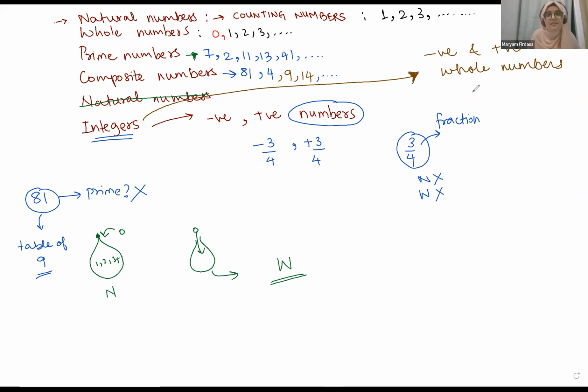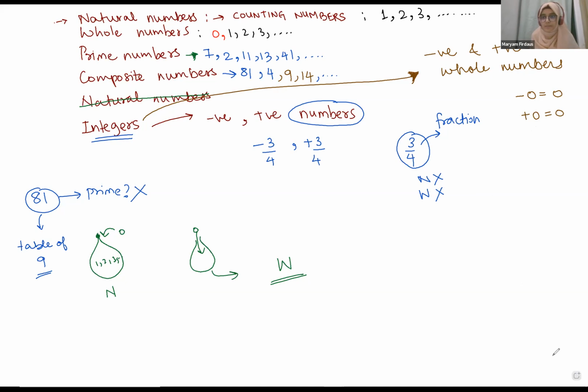It also has 0 in it, right? 0 is neither negative nor positive. If you say minus 0, that is also equal to 0 itself. If you say positive 0, that is also equal to 0 itself. So 0 is basically a neutral whole number, right?